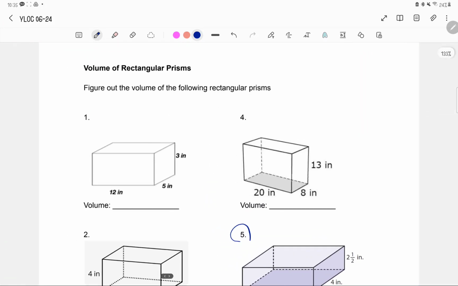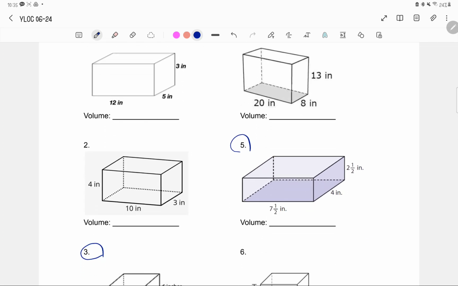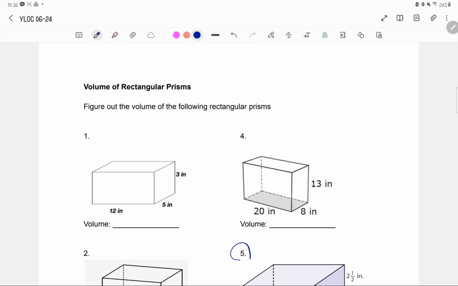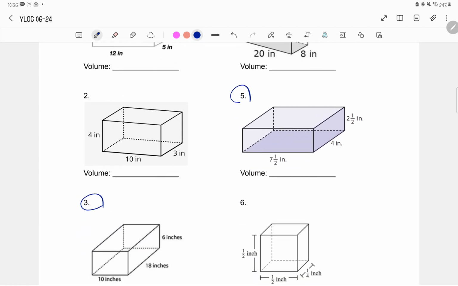Okay, the next topic that we're going to cover is finding the volume of rectangular prisms. The volume for this one is width times height times length. So you just multiply every side that is given. In this case, for number 5, we're just going to multiply all.